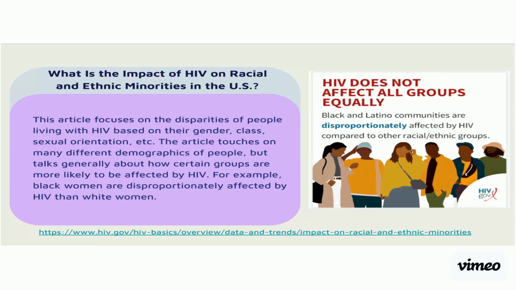So this was an article that talked about the disparities of people living with HIV based on their gender, class, sexual orientation. I think that this article would be a little more relevant if I had focused on a singular country and then looked at those disparities within that country, just a smaller focus.